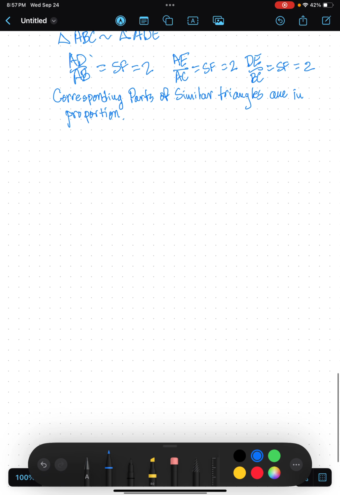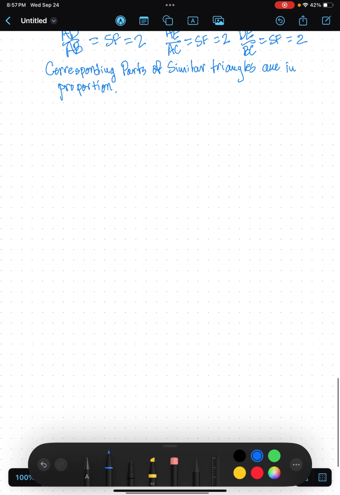Folks, when that happens on the ACT, it's going to be very important that you actually draw your own. You need to draw your own. So let's take a look at our flagpole situation.